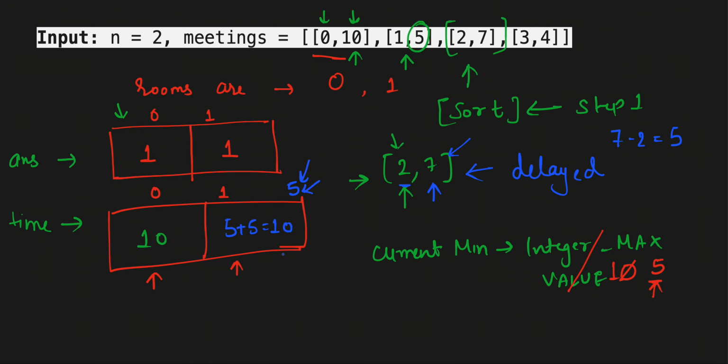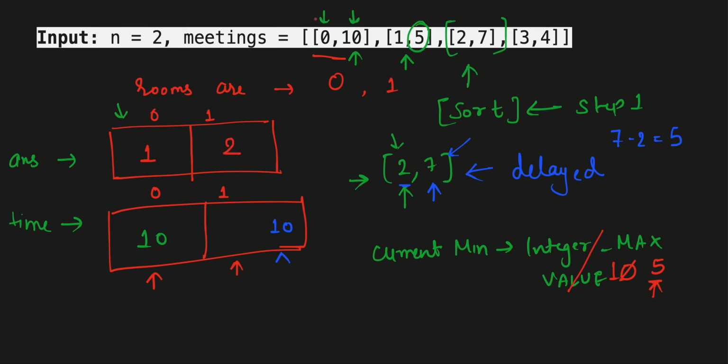What does this 10 denote? That meeting room number 1 got unoccupied at time interval 10 for the next meeting, and at that instance I will be updating my answer with 2, because the second meeting started here.